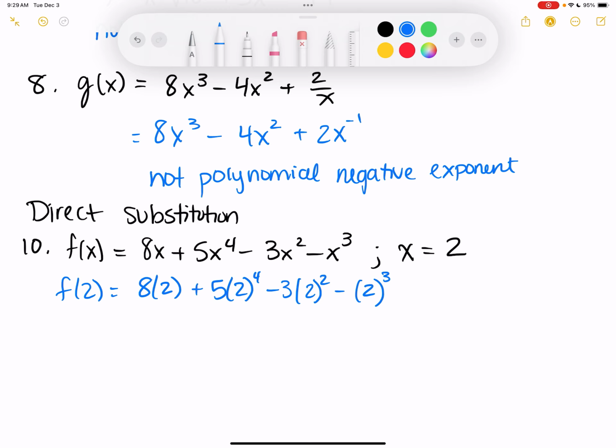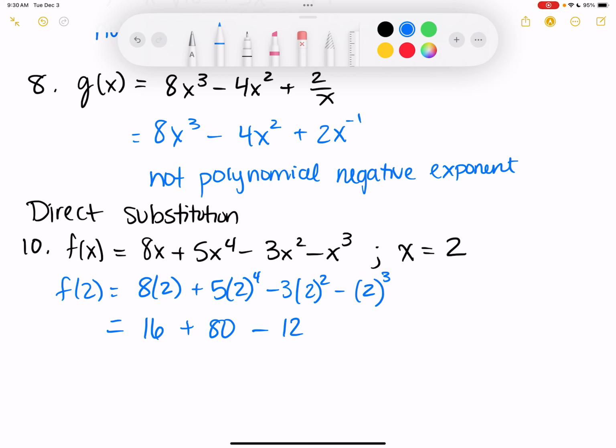So 16 plus, what is that, 16 times 5? Is that 80? Yeah, 80. Minus 3 times 4 is 12.